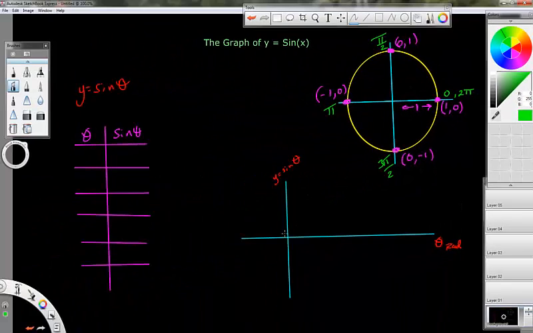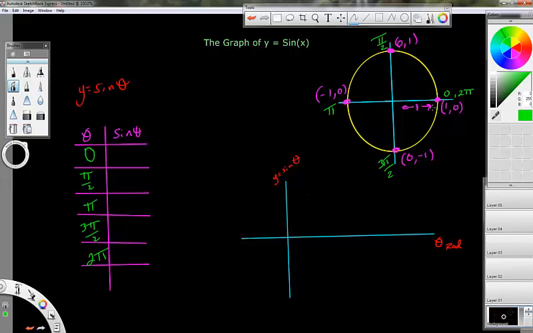I'm going to label these green coordinates down this graph here. We'll start with 0, and we'll have pi over 2, and of course, pi. I'm just doing every fourth of these pink dots, the green pi symbol radian measurements. 3 pi over 2, and of course 2 pi, which will be equal to 0.